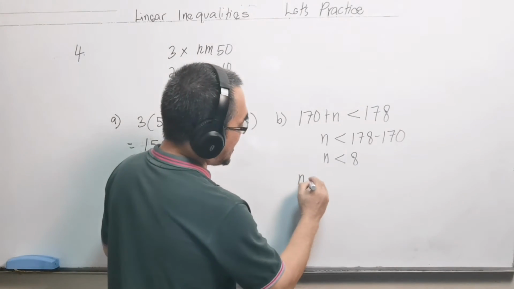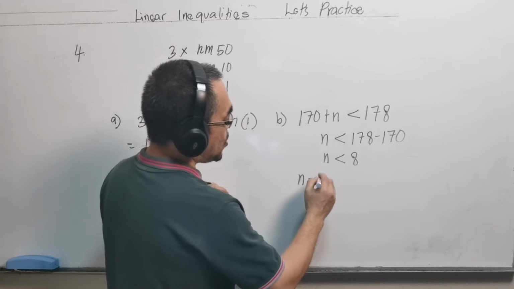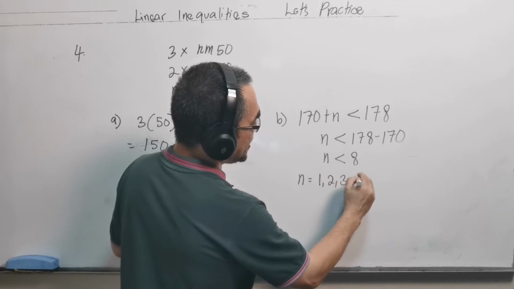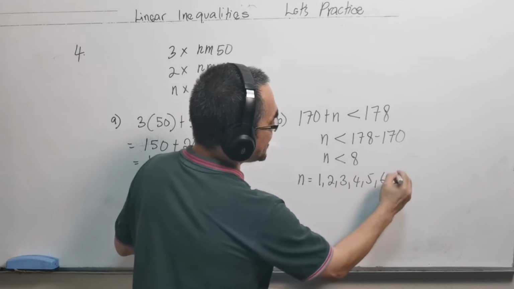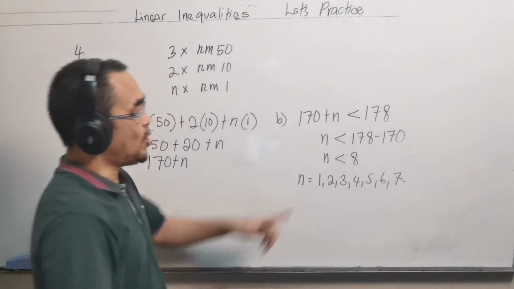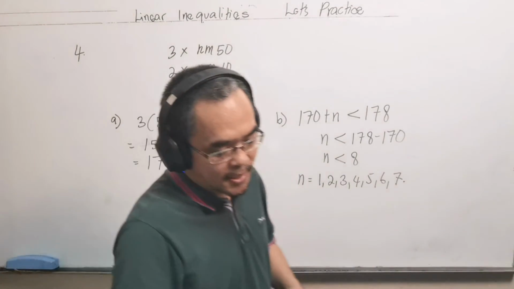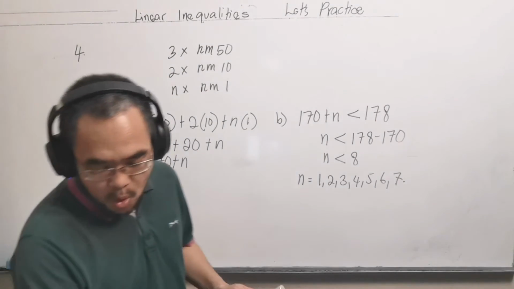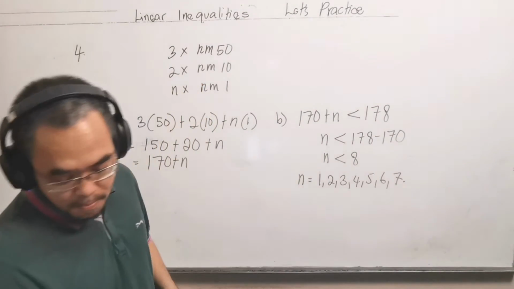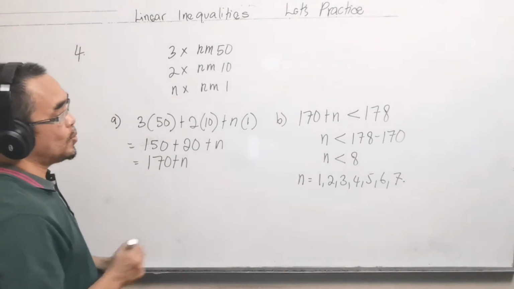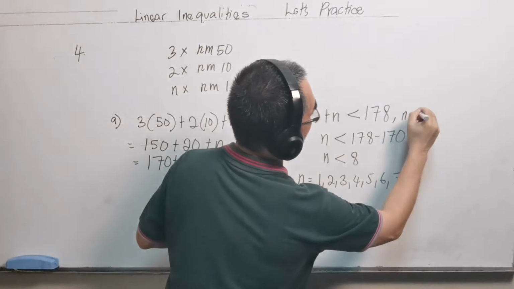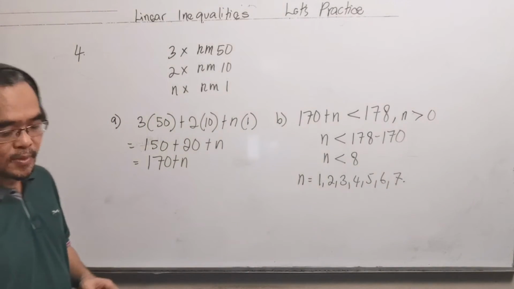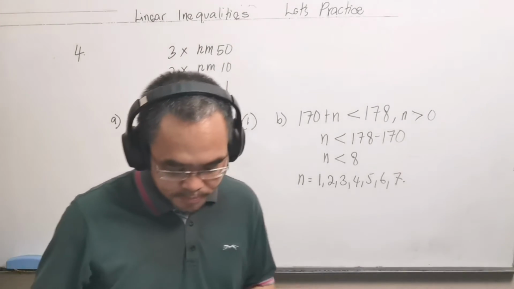So N that is possible could be 1, 2, 3, 4, 5, 6, and 7, because this is less than 8, and then it is more than 0. It says here, N more than 0. Okay, any question about this question?